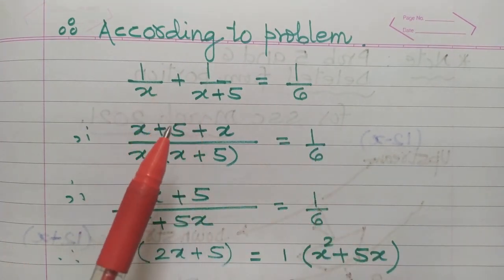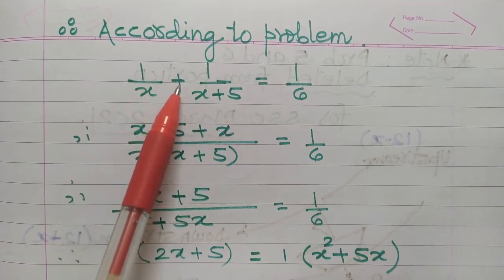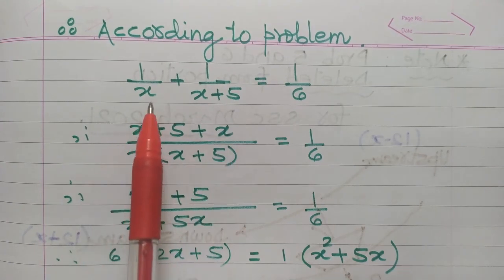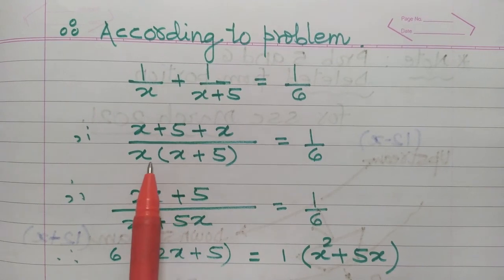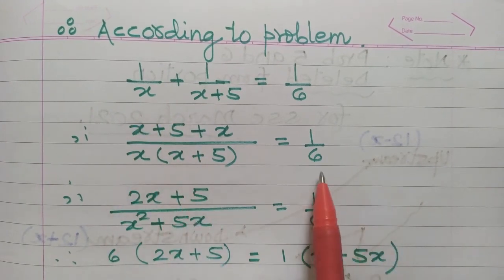Taking cross multiplication here, x plus 5 into 1, it will be x plus 5 plus 1 into x as x. In the denominator, it will be x into x plus 5. So I have written here x into x plus 5 is equal to 1/6.